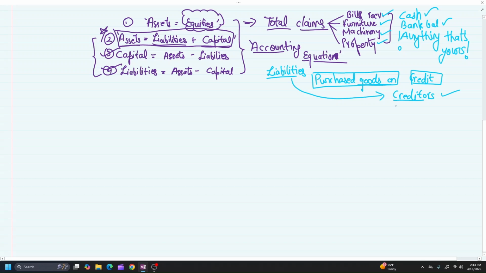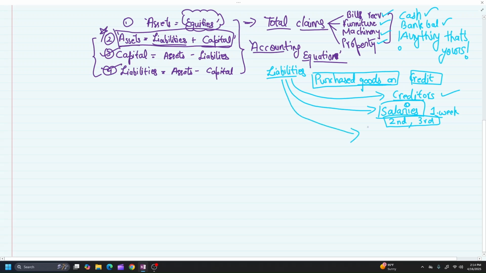In the same way, there are multiple liabilities. For example, you have to pay salaries, and let's say you pay the salaries in the first week of the month. Now it's the second or third week of the month, so now these salaries are a liability to you.